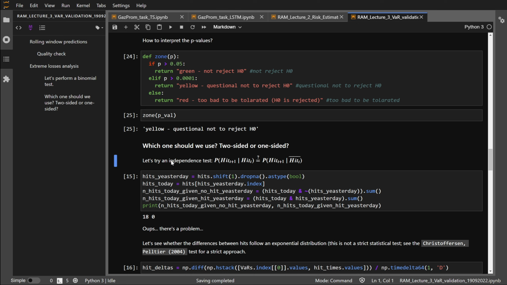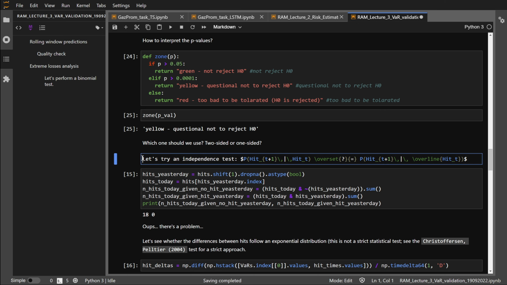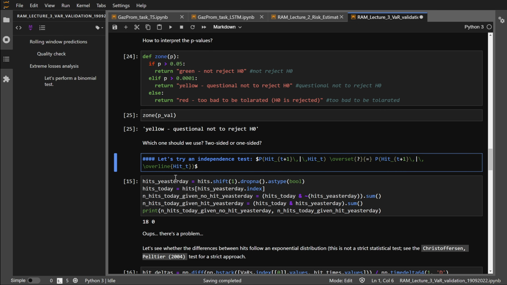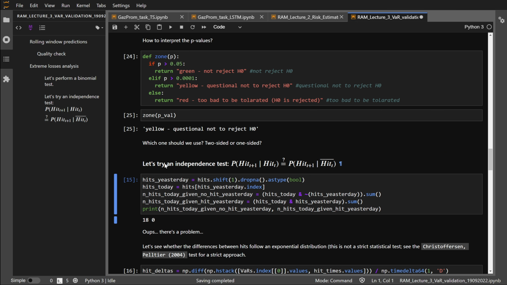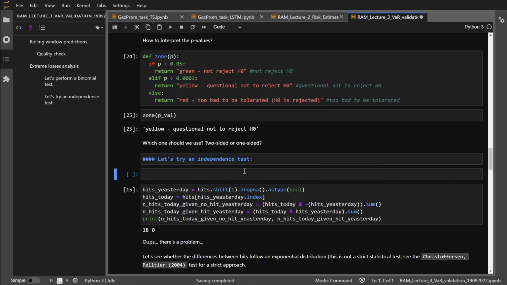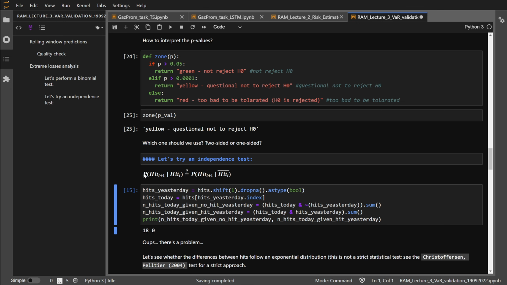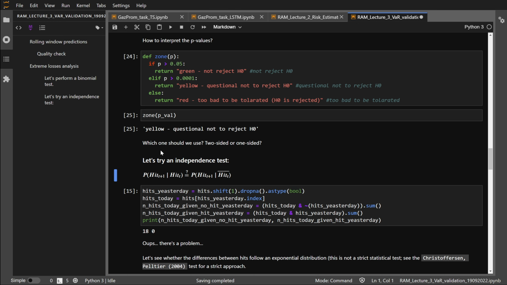Usually, we don't have that many observations at our disposal, at least because our future losses matter for our purposes. And usually we cannot come up with a conclusive test on independence. But still, I provide a little example, and you can follow this example at home. And we're going to discuss it during the seminar next week.